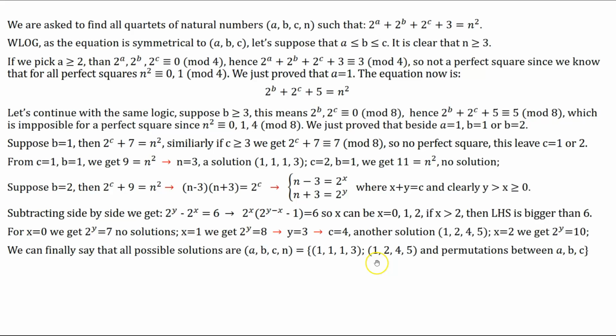So not only 1, 2, 4, 5, but also 1, 4, 2, 5, 2, 1, 4, 5, and so on. All the permutations of these numbers, which actually are 6 possible permutations. So in total, this equation has 7 solutions in the set of natural numbers.